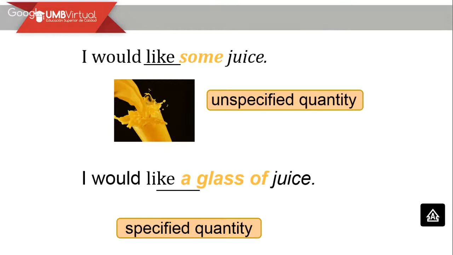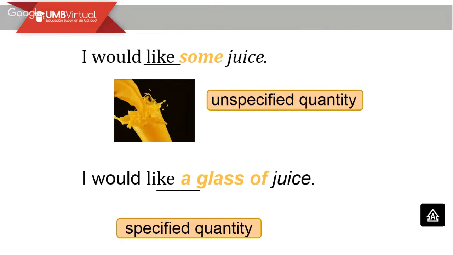In the second example, we have, I would like a glass of juice. As we have juice, there is something uncountable, but with a specified quantity. As you can see right here, estamos ya hablando de una cantidad que es específica, porque estamos diciendo que yo quiero un vaso de, right?